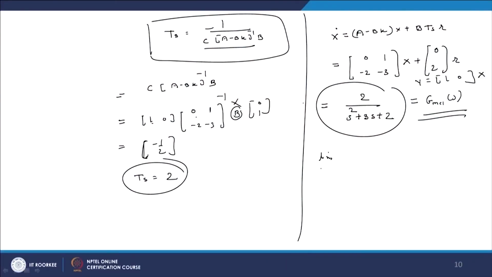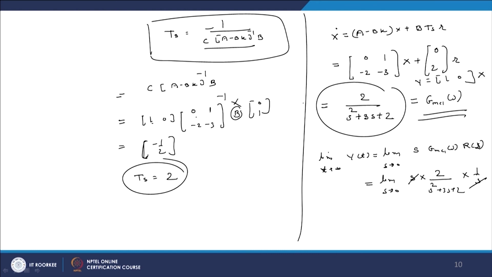Now, if we want to determine the steady state error, steady state means limit t tends to infinity of y of t, equal to limit s tends to 0 of s into G m CL of S into the step input R of s. Here we find limit s tends to 0 of s into 2 upon s square plus 3s plus 2 into R of s, which is 1 by s.